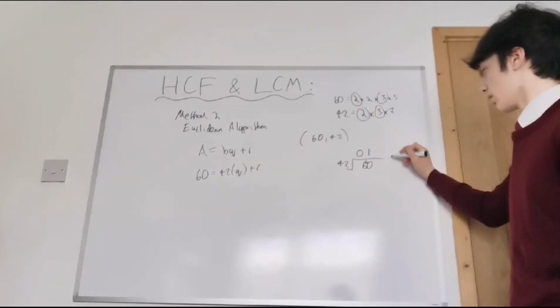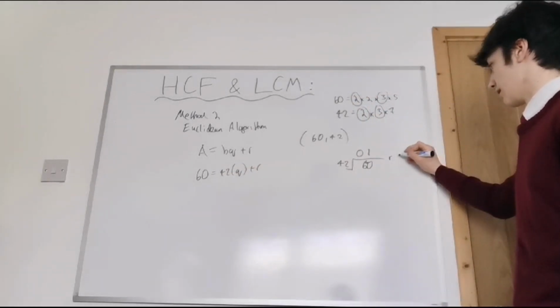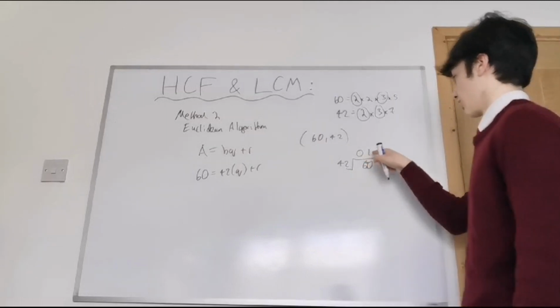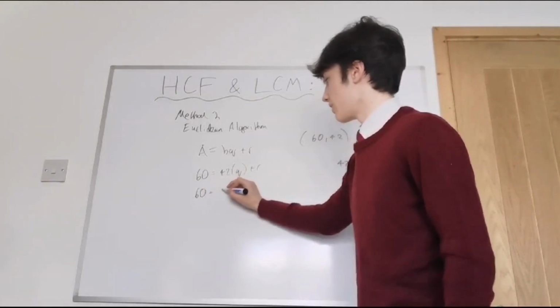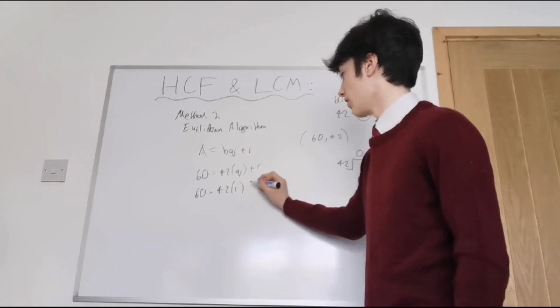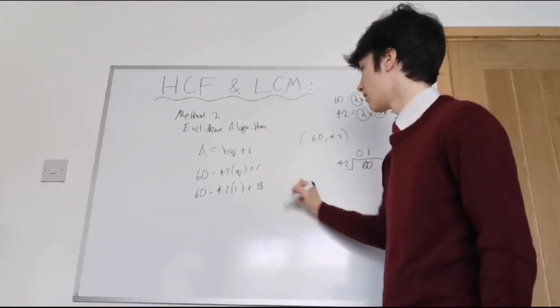That is 1, remainder 18. So we put the 1 as Q. So 60 equals 42 bracket 1 plus remainder 18.